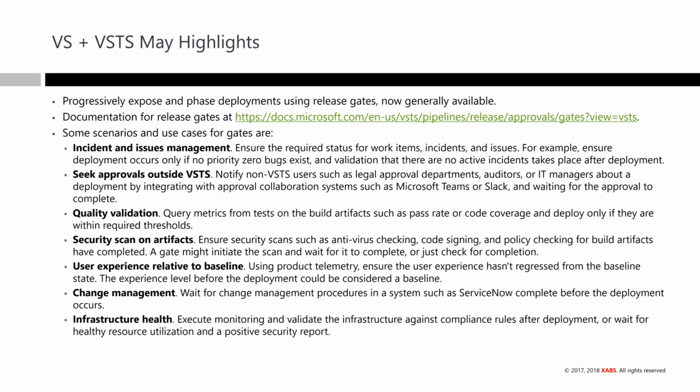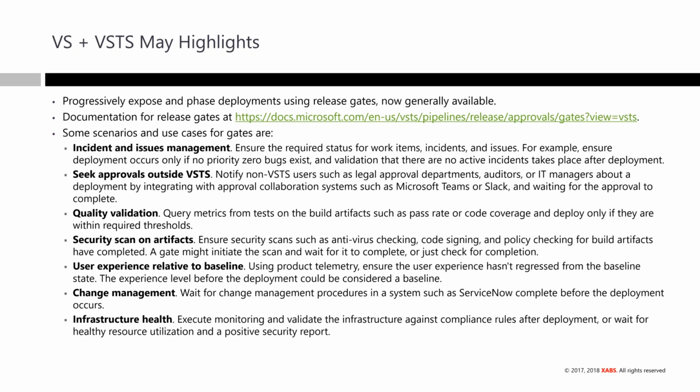This basically consists of collecting health signals from outside services and using them as gates to control whether the release is good or not. Typical stuff would be, for example, external approval systems. If you have some system where you need to approve it before it can go ahead, you could connect to it.